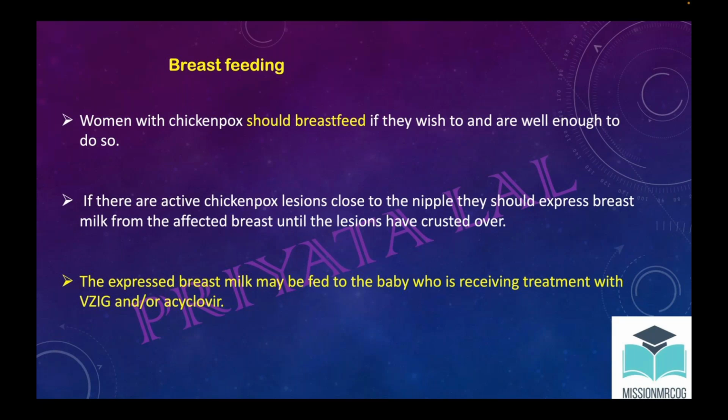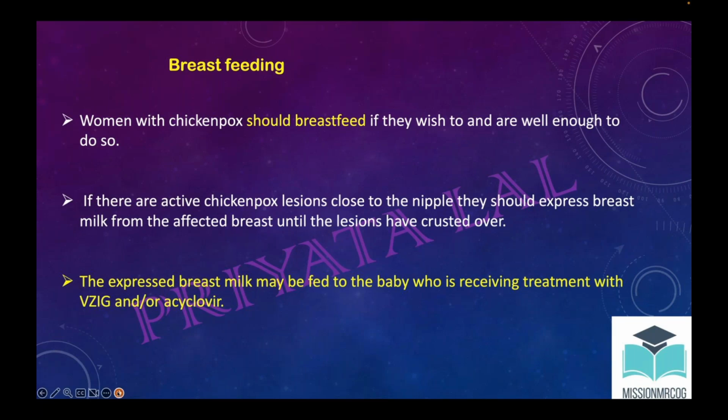They would review the baby and consider giving varicella zoster immunoglobulin and acyclovir. In that situation the baby is getting prophylaxis, so expressed breast milk can be given. Okay, thank you.